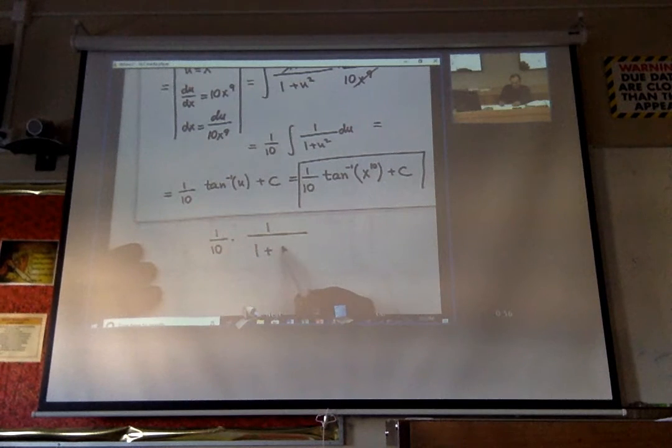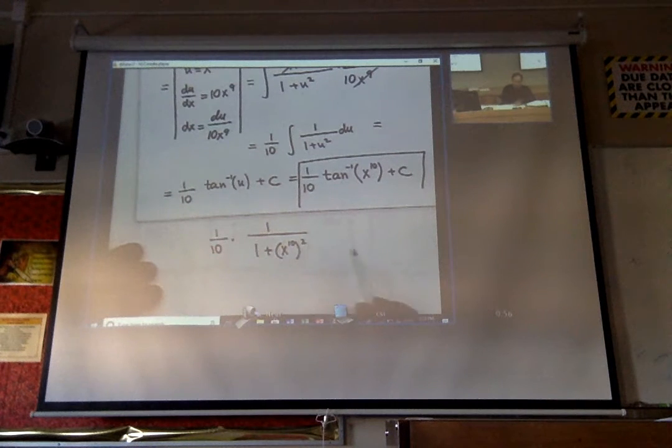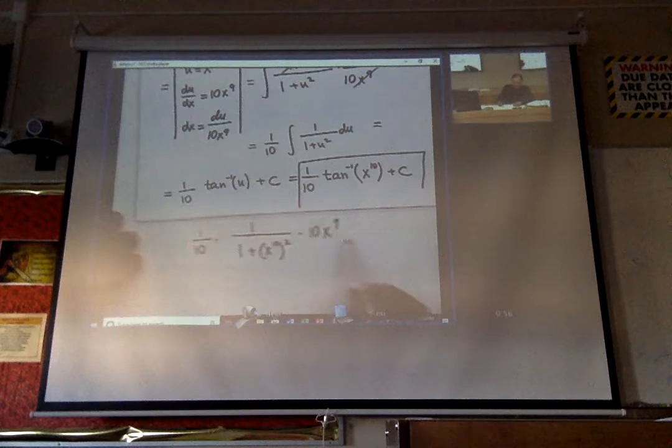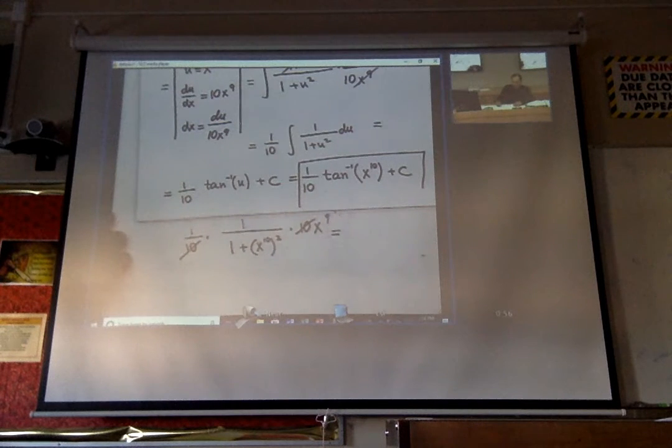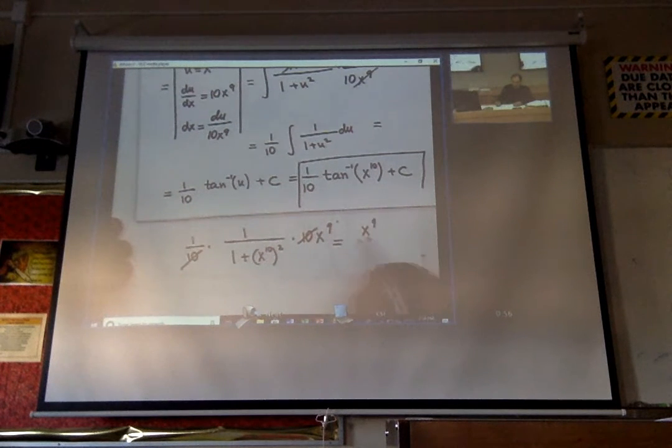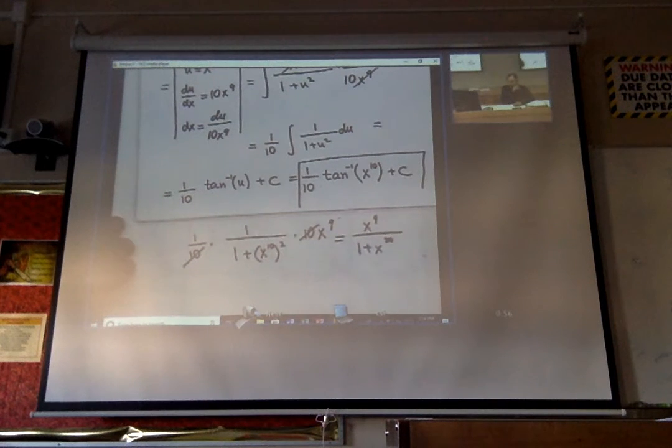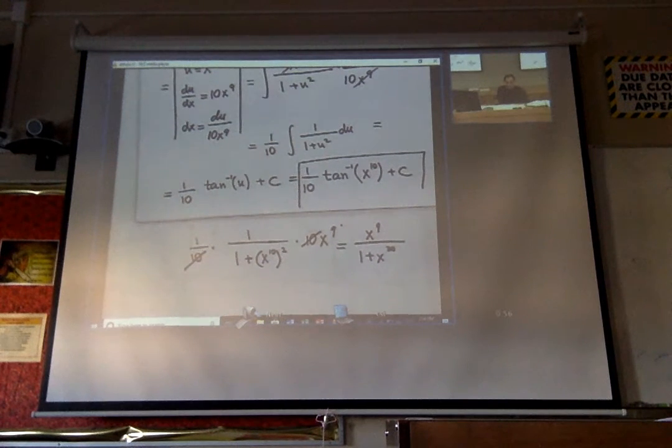So I'll put it like this, x to the 10th, squared, just substitution, right? And then you still take the derivative of the inside, which is 10 x to the 9th, right? So these will be canceled, and we have x to the 9th over 1 plus x to the 20th. And that was our beginning, right? Okay?